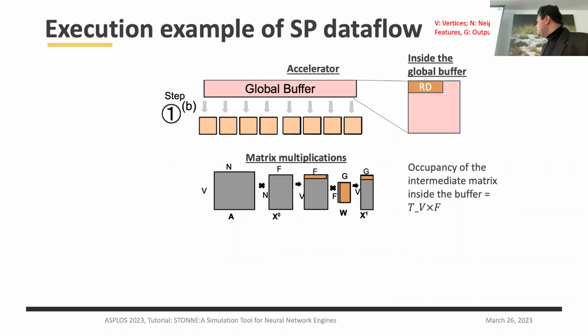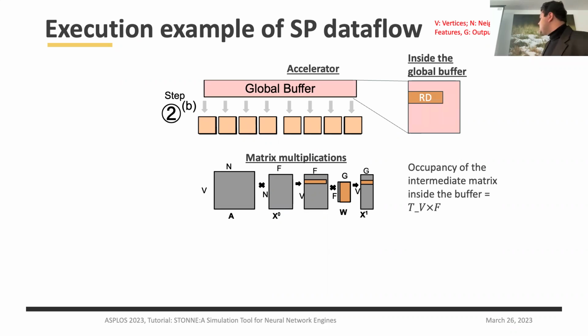So we are reading T_V times F data from the buffer. And then we move back to the second row. We do the aggregation for the second row, and then we do the combination for the second row. So we split aggregation and combination into multiple smaller parts, and we interleave the computation.